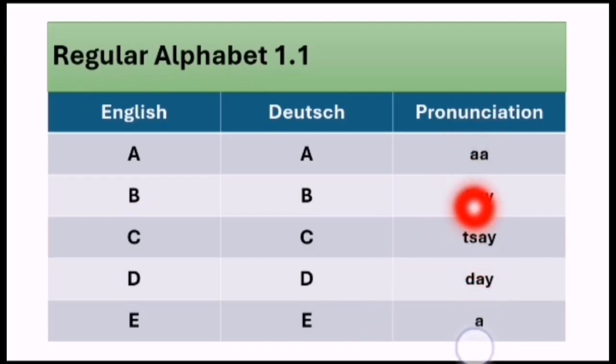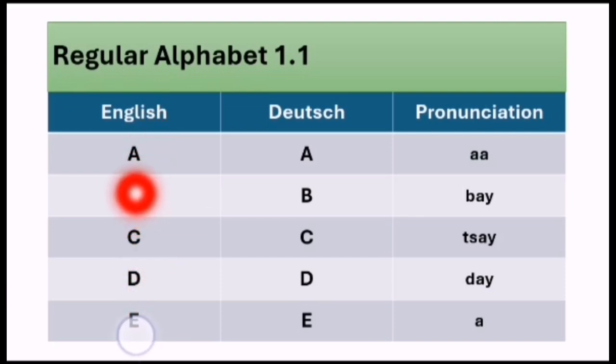We don't write A in German differently; we write the same A as in English. But be careful. These lines and these boxes are the pronunciation boxes. These are the German writing boxes, and these are the English writing boxes.